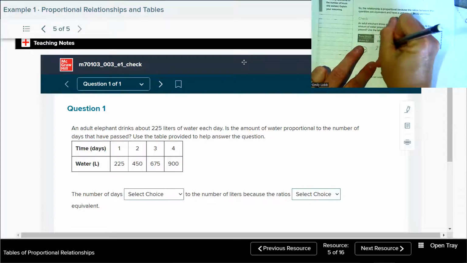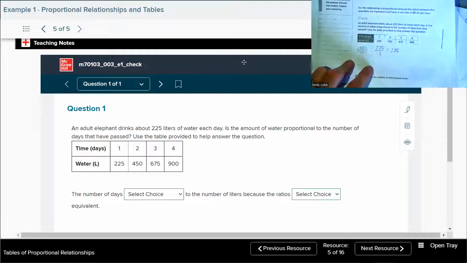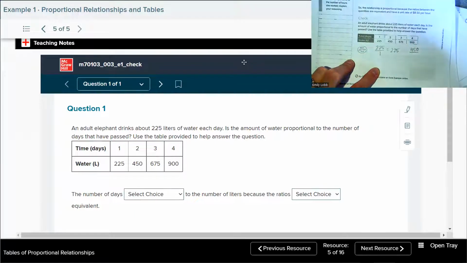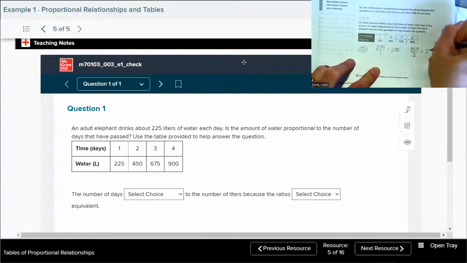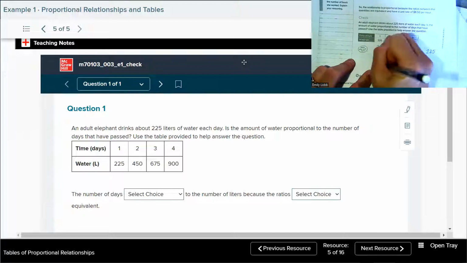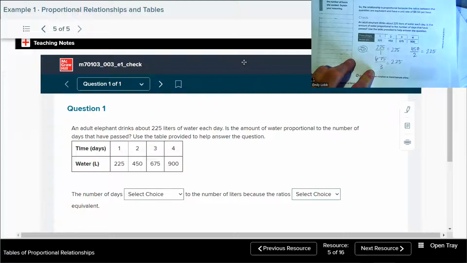225 divided by 1. That's 225, right? Yep. And then 450 divided by 2 is also 225. 675 divided by 3 is 225.